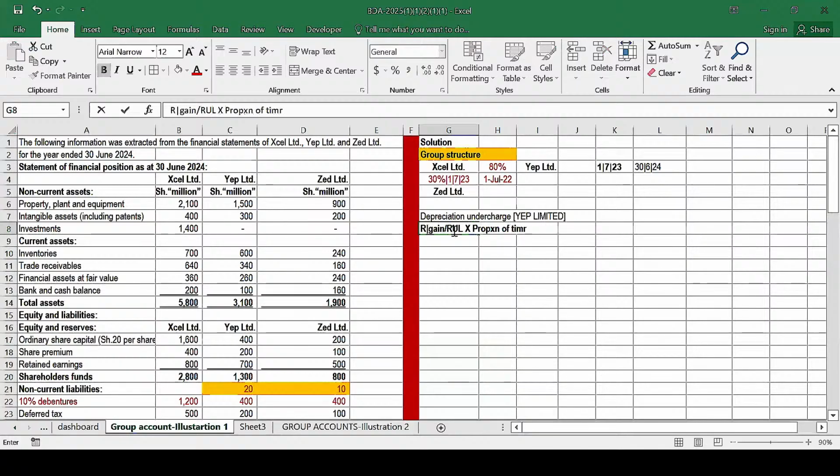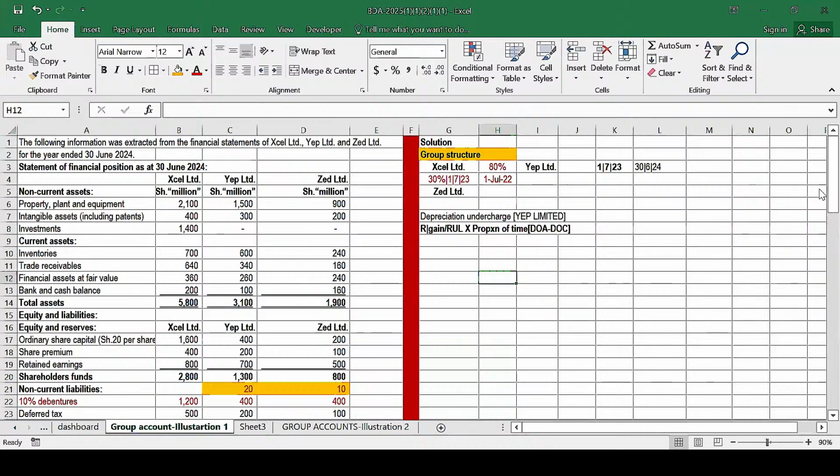The proportion of time is the number of years, or the number of months, we have from the date of acquisition to the date of consolidation. The date of consolidation is the date we are required to prepare the group accounts.